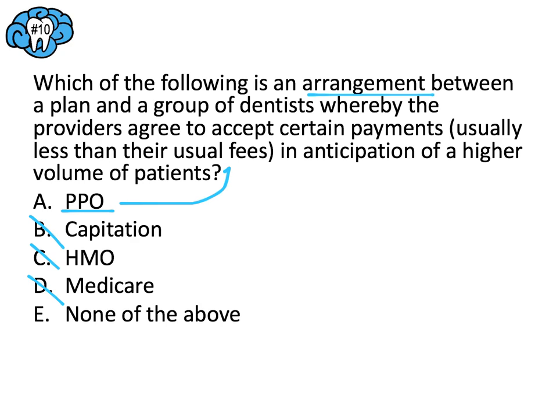And that's why the providers agree to accept lower fees. So the wording is really important to nail down for what a PPO is. It's a very specific arrangement, and it certainly will come up on the board exam exactly as I have worded here. So the answer is A.